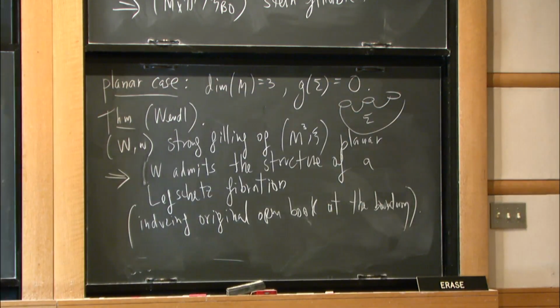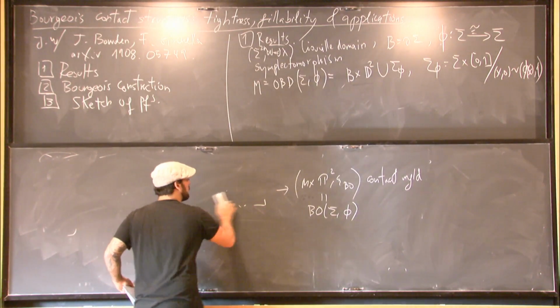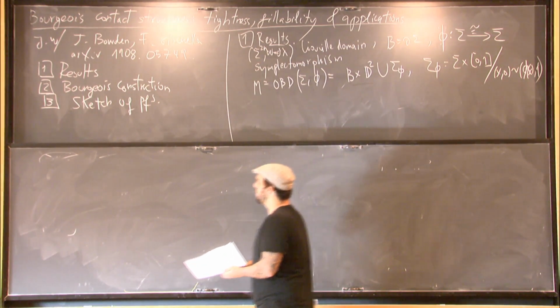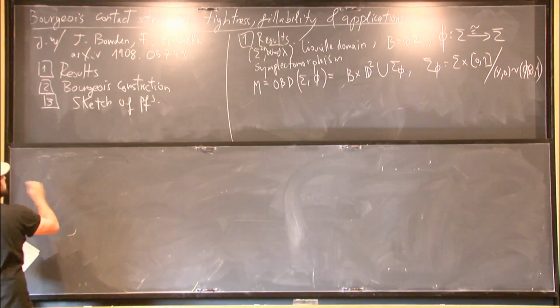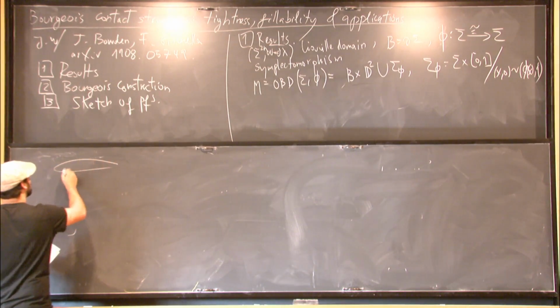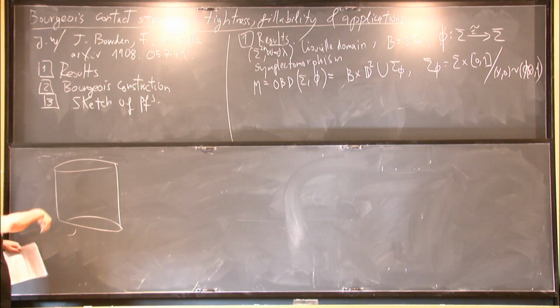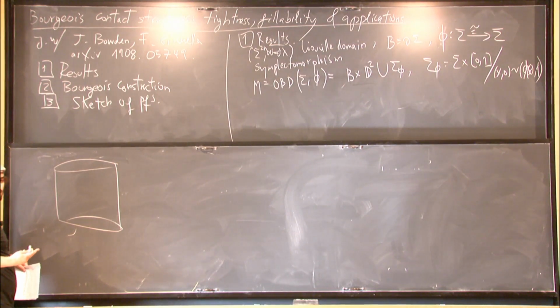So let me just draw a picture, to make sure that we're all understanding what's happening. A Lefschetz fibration is not really a fibration, but it's a fibration modulo some critical points on which the fibration looks like a holomorphic Morse function.